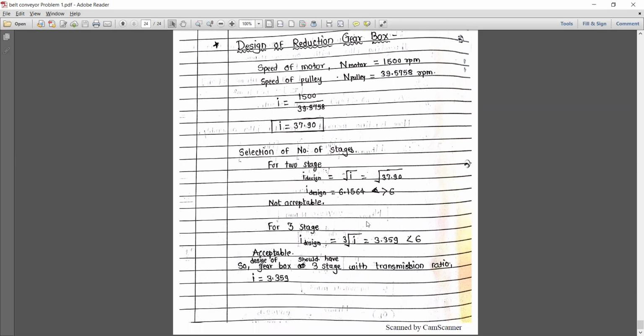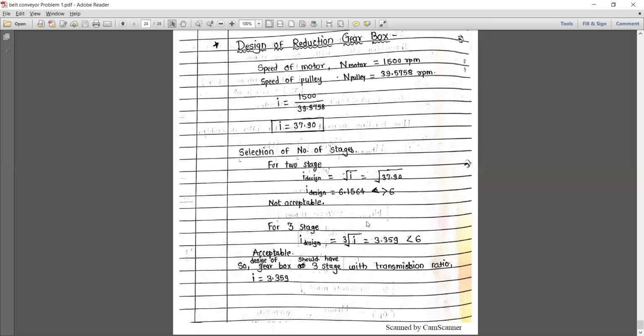Now how can we consider the number of stages? If we consider the number of stages as 2, then I design is equal to the square root of I. The square root of 37.90 gives a design transmission ratio of 6.15, which is greater than 6, so it is not acceptable.